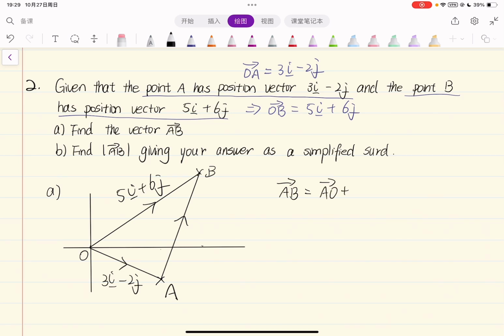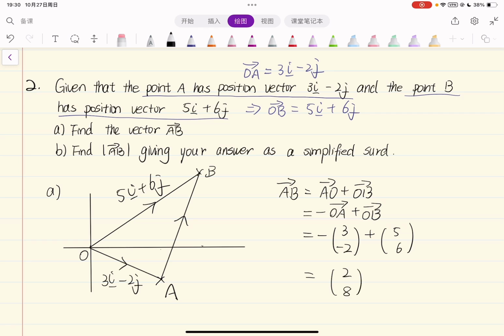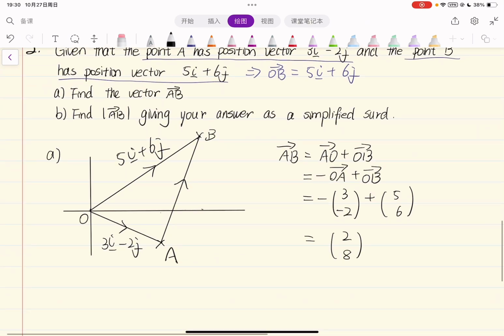That equals negative vector OA plus the vector OB, which equals negative (3, minus 2) plus (5, 6), equals (2, 8). So this is the vector AB in column vector form.